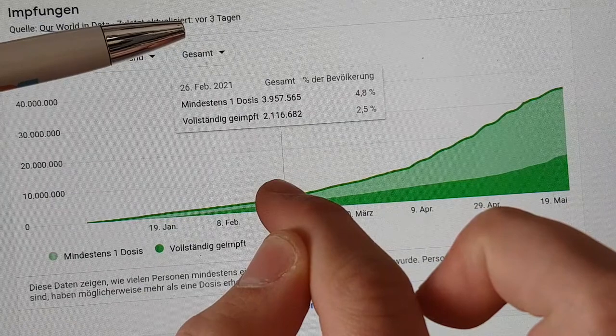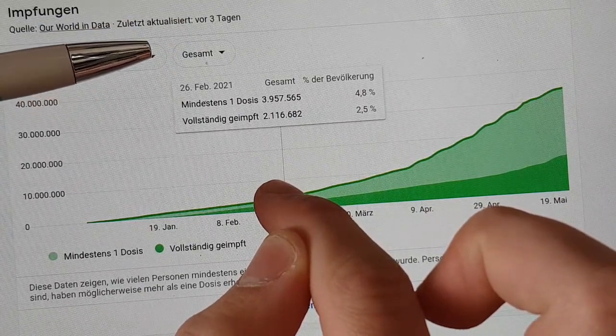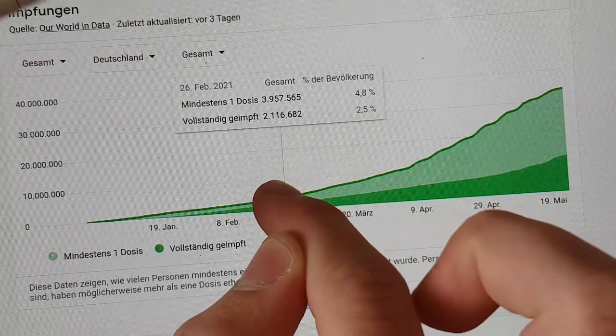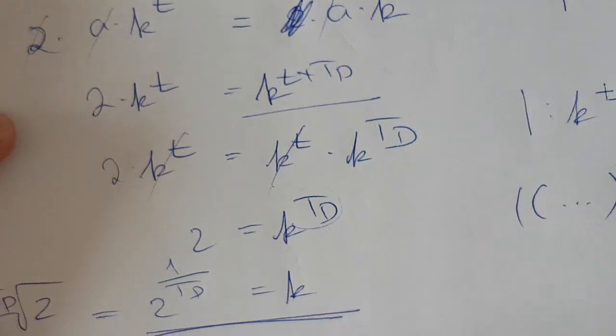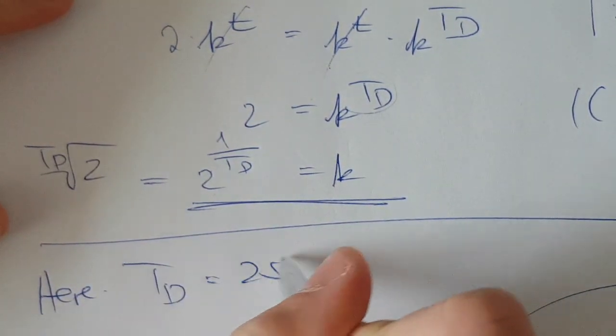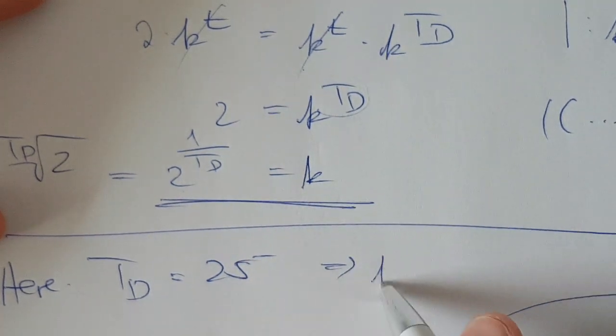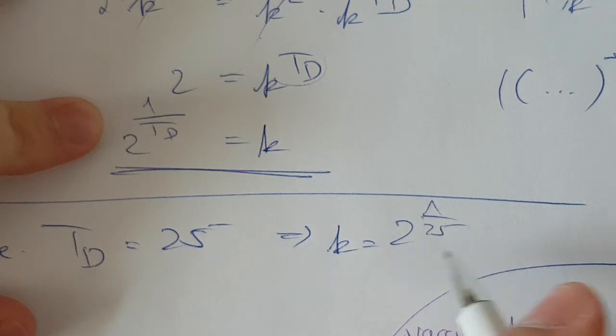This is the case on February 26th. So from February 1st to February 26th, it's 25 days. So the doubling time in our case is 25 days, meaning that k is 2 to the power of 1 over 25.